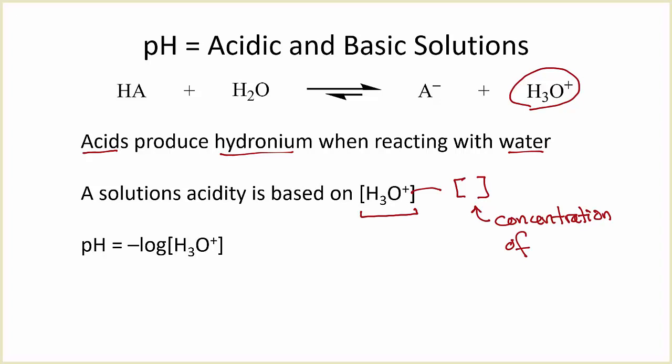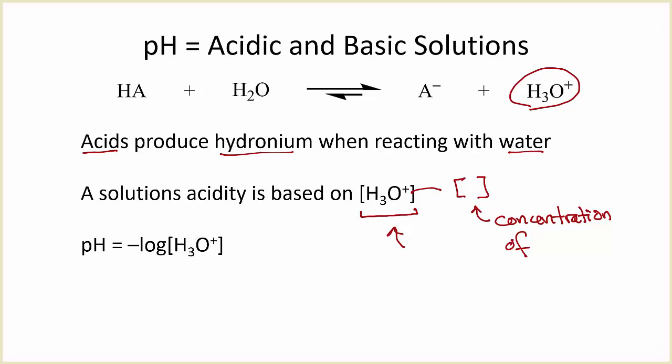The common misconception is that if pKa is a really low number and it's a strong acid, it will always produce an acidic solution. In general, it will produce an acidic solution, but the actual amount of hydronium produced is dependent on pKa and the concentration of the acid that's used. So I want to make sure that we distinguish those two.